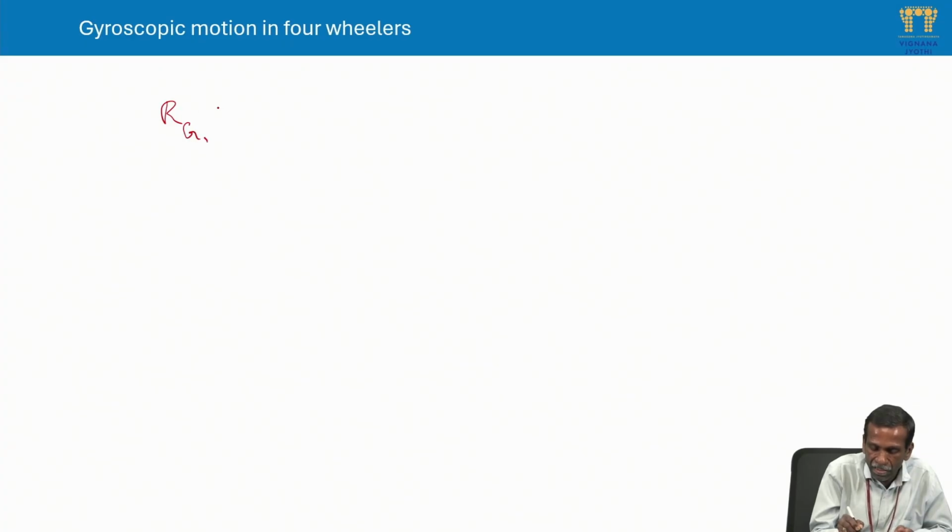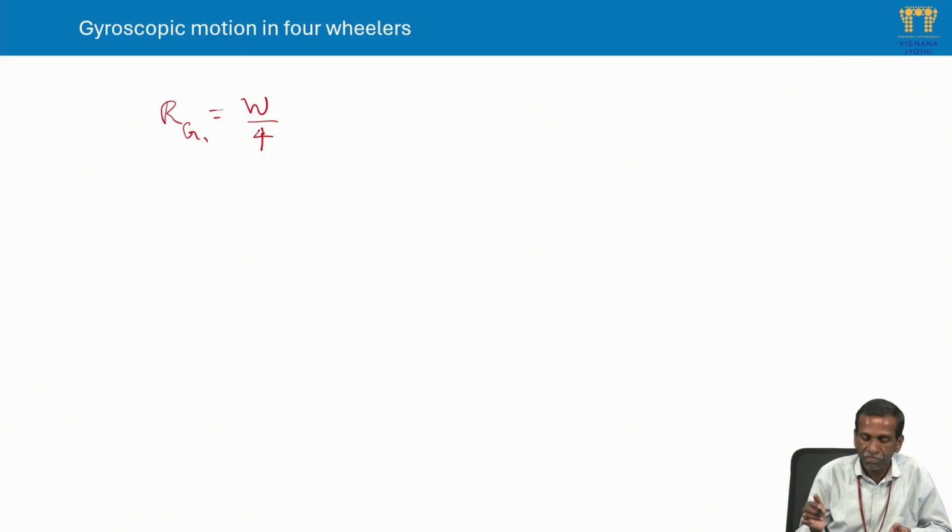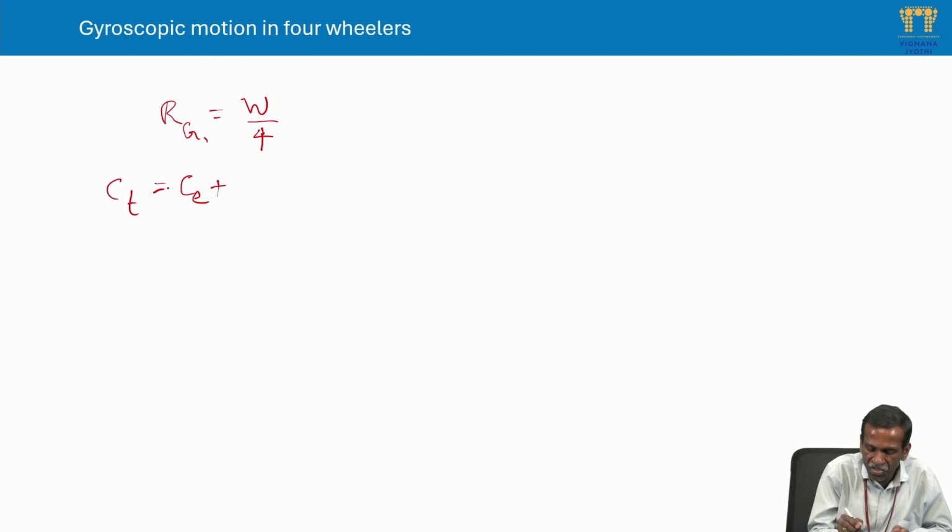For each wheel I am writing the ground reaction as W by 4, where W is the weight of the vehicle and all wheels share equally, let us assume. The second one is the gyroscopic couple of the engine parts and wheels, total CW.